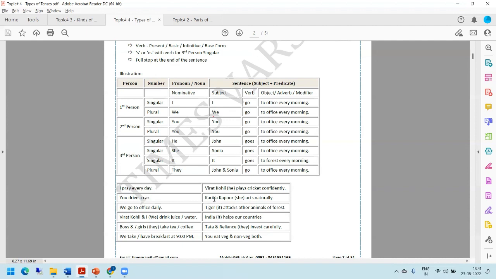Instead of the noun Kareena Kapoor, we can use she acts naturally. And she is third person singular, so s is added to the verb. Then tiger attacks other animals of forest. So we can say it attacks other animals of forest. This is also third person singular. S is added to the verb attack.